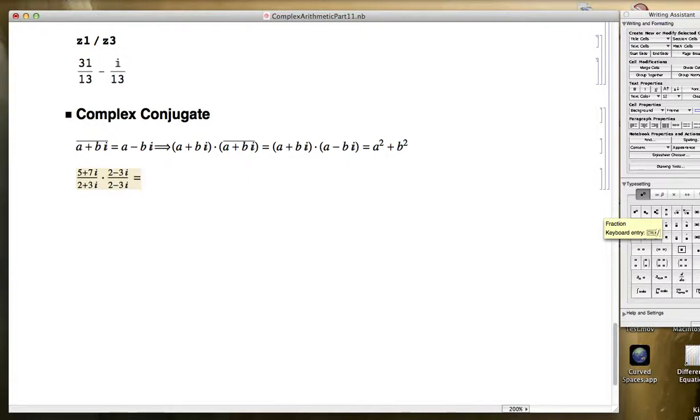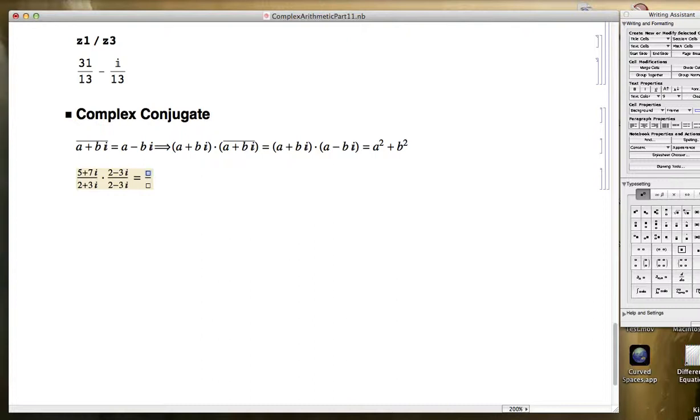When we multiply these fractions by multiplying the corresponding numerators and then the corresponding denominators, in the new denominator you'll get a real answer. The i's will go away.